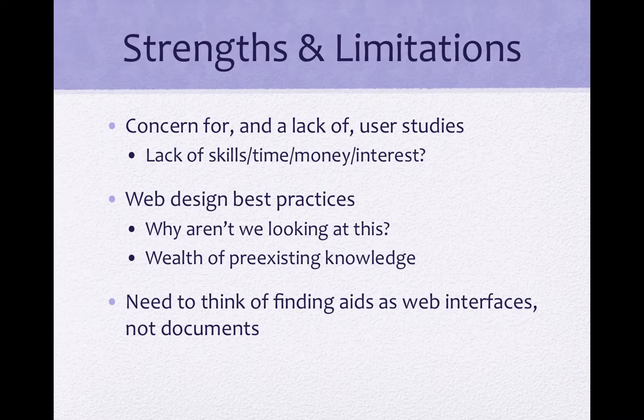We're not going to end up spending any resources on that really because it's already been done. It's there for the taking. I think we need to take advantage of that. Finally, in light of this, I think we need to start thinking of finding aids as more of web interfaces rather than paper documents. That's really how we're going to start bridging the gap between users and access.